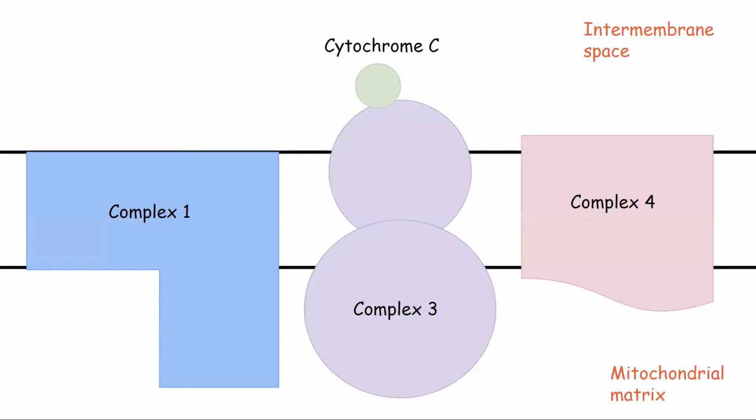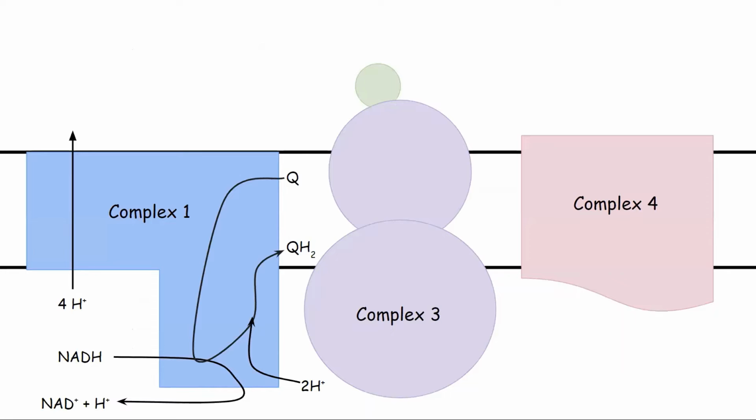So here we have a little diagram of the electron transport chain for NADH. So first, what happens is that NADH is converted to NAD plus H. And when this happens, ubiquinone, or Q, is converted into ubiquinol, or QH2.